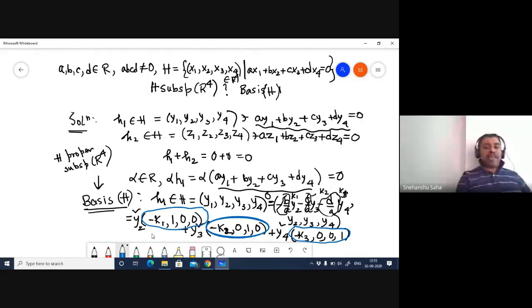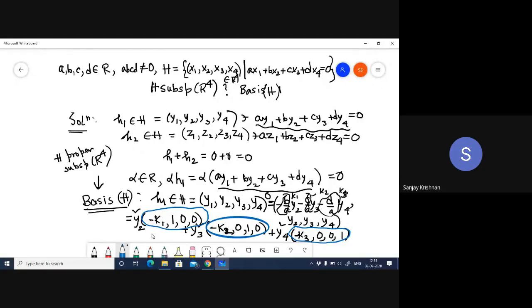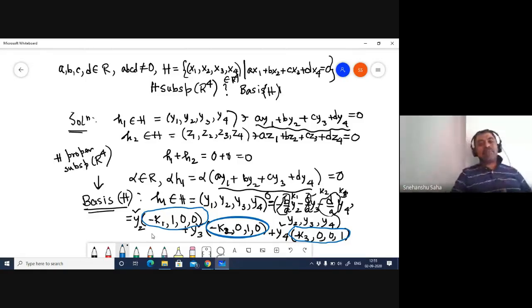Now it remains to be seen whether these vectors span the set. The answer is yes. Are they linearly independent? By visual inspection, can you tell me whether these are linearly independent or not? Yes, because there's a one in unique places. Correct. You are applying a right shift to the one, so it gets shifted.